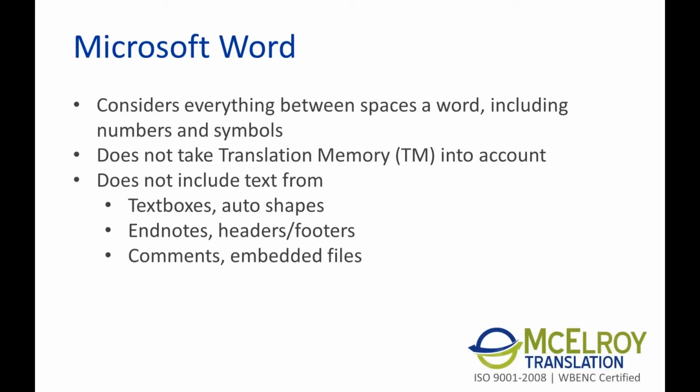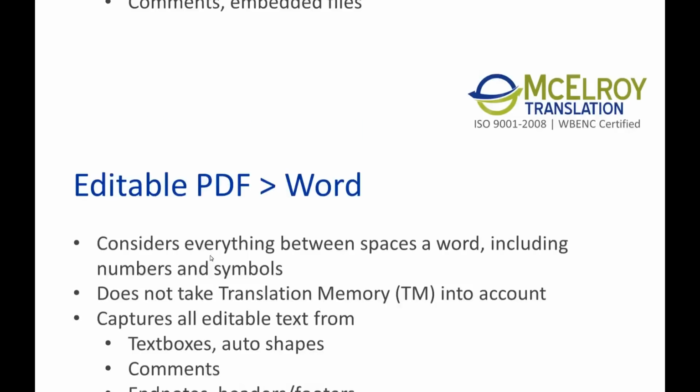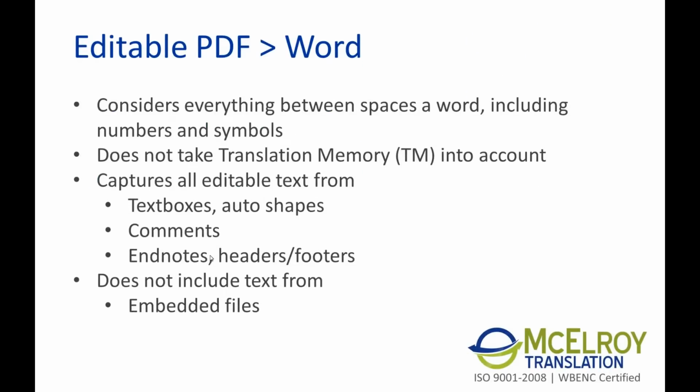The rules in Microsoft Word: it considers everything between the spaces, including numbers and symbols. So if the numbers and symbols fall outside of text segments, they're still included in your word count. Also, translation memory is not taken into account, and it will not include text from these various areas. However, when you convert it to a PDF, and then select all and drop it into Word, you'll see that some of these rules are still the same.